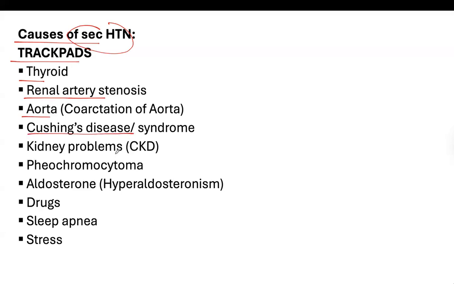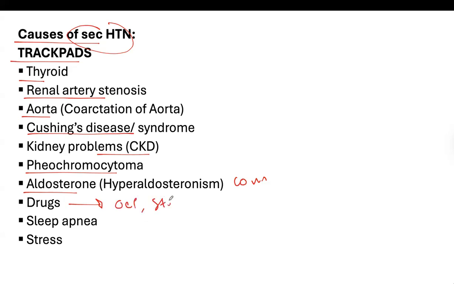Kidney problems like chronic kidney disease, even glomerulonephritis, polycystic kidney disease, can all cause hypertension. Pheochromocytoma. A for hyperaldosteronism, which is Conn's syndrome. D for drugs. One of the common drugs for secondary hypertension is the oral contraceptive pill.